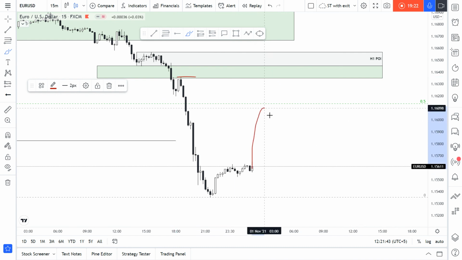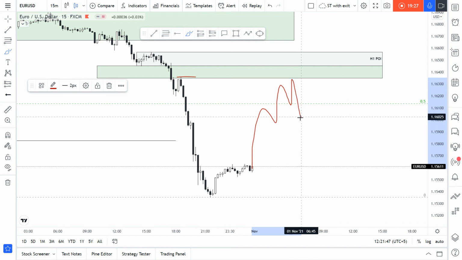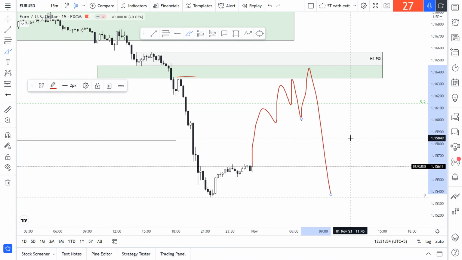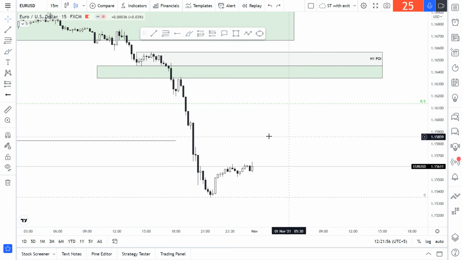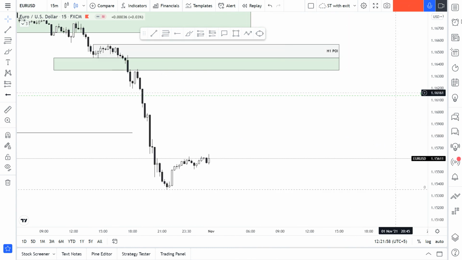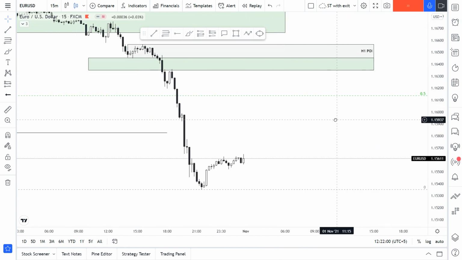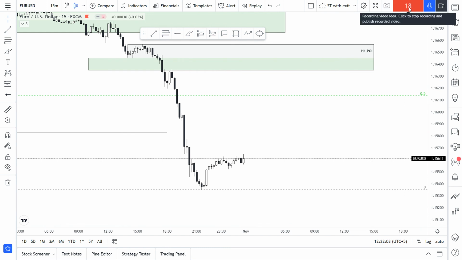It might touch here and then go down. We create liquidity, then sweep it, and then go to the downside. So be careful with this. Okay, I guess my time is over.